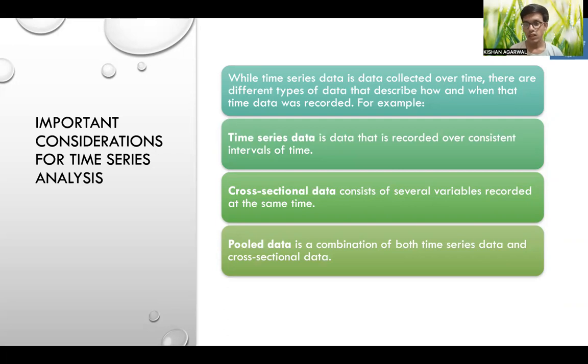Cross-sectional data consists of several variables recorded at the same time, whereas pooled data is a combination of both time series data, which is recorded over consistent intervals of time, and cross-sectional data, which is the collection of several variables recorded at the same time. So these are all the considerations we make while applying time series analysis.